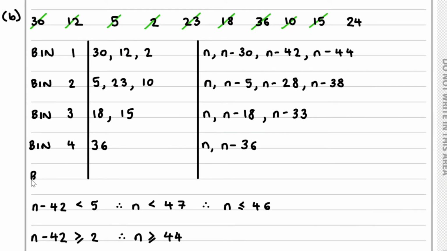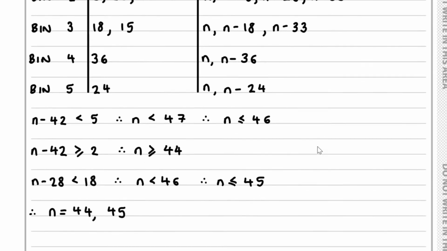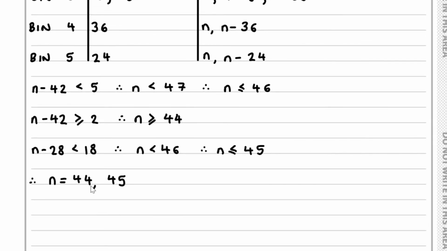So if I open up a new bin, bin 5, it's got space n, I place the 24 into it, the remaining space will be n minus 24. So let's cross off the 24, indicating we've used it. Now this is all we needed to do for part B. We've shown n is either equal to 44 or n is equal to 45.